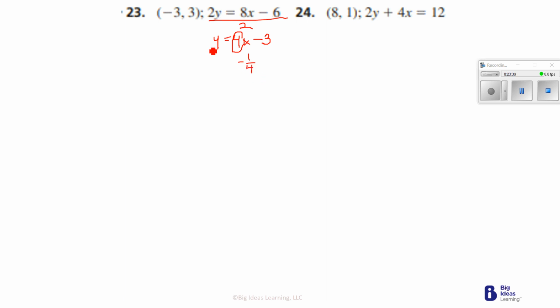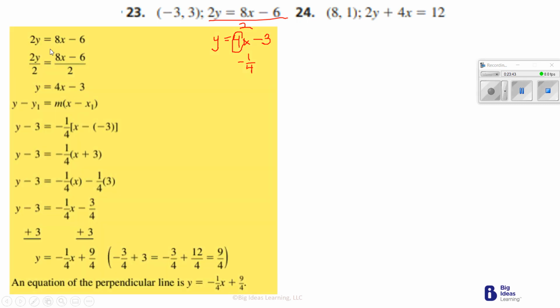All right, and we'll be using these as x and y. So now we see exactly what I did, right? We divided everything by 2 and got y equals 4x minus 3. We knew that negative 1 over 4 is the negative reciprocal, so we replace m with negative 1 over 4. We replace x1 with negative 3, and y1 with 3.